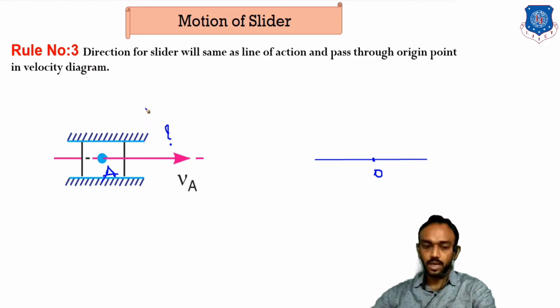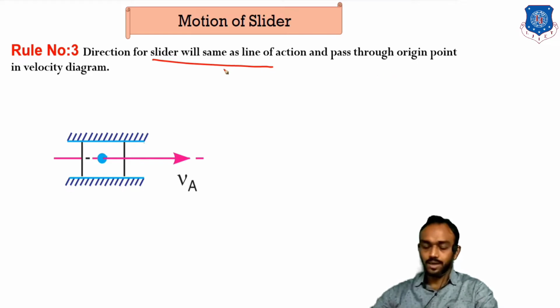If someone says the velocity of A is equal to 50, I can draw from O a distance of 50 and mark the point, and I can say this is the vector for VA because I have measured this distance 50. Okay, so this is the third rule: the direction of the slider will be the same as the line of action and pass through the origin.